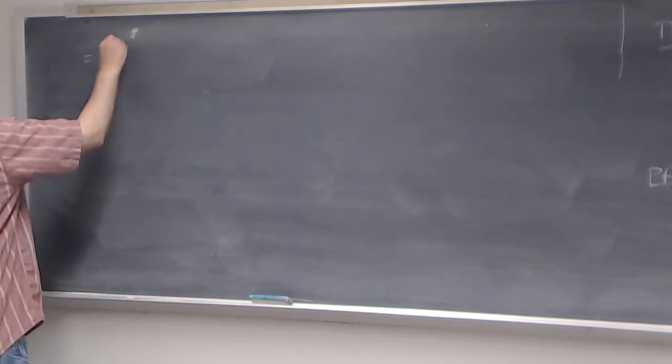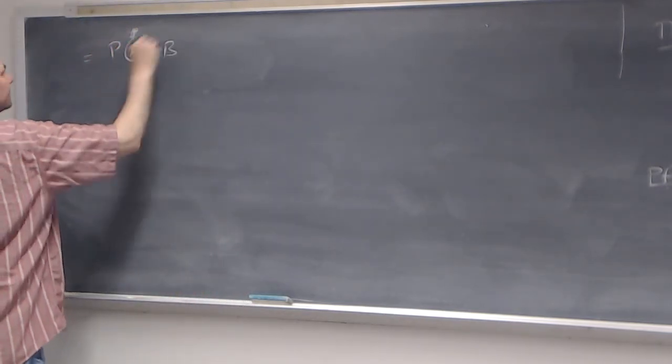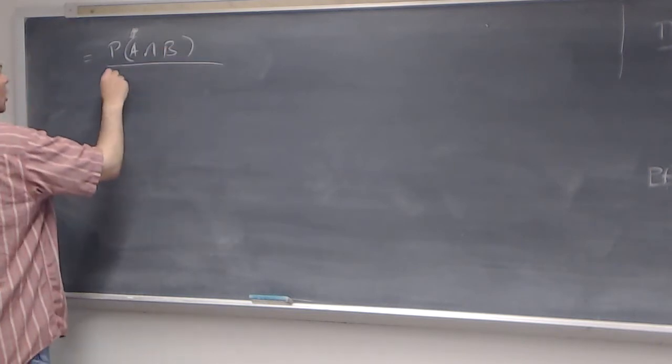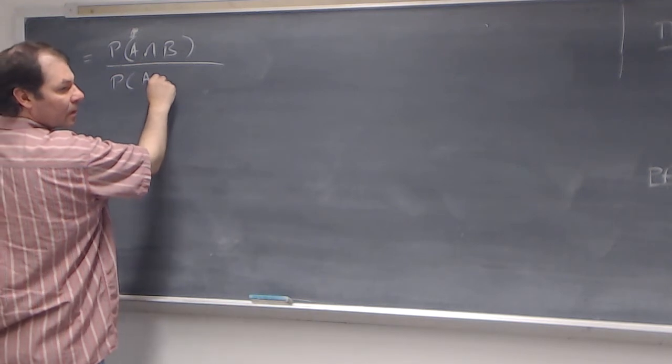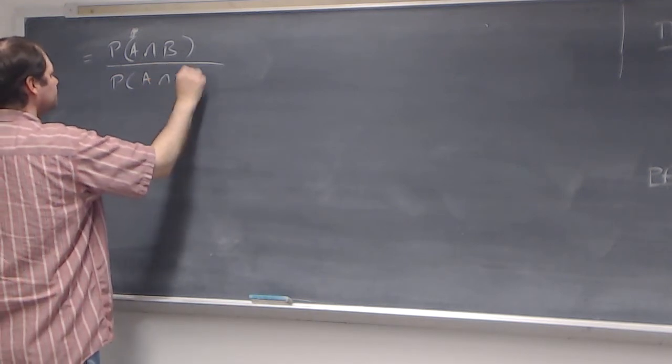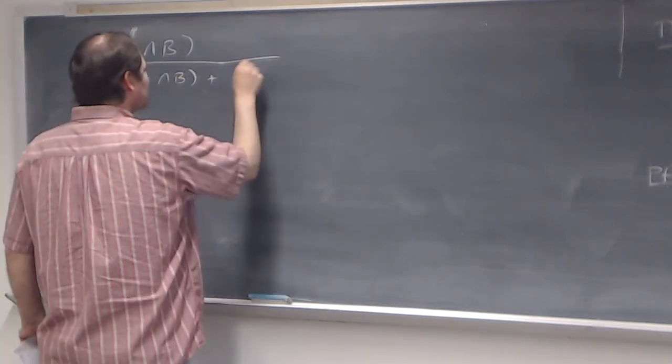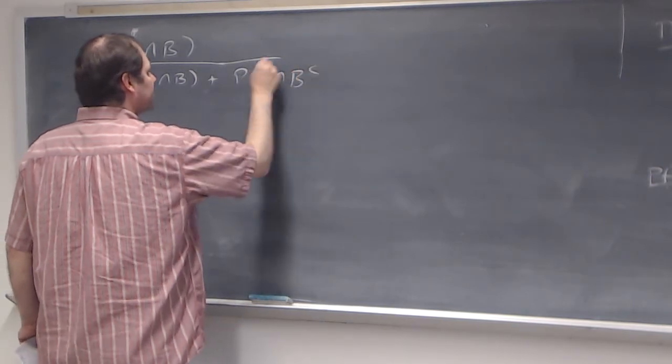So we have the probability of A intersect B over the probability of A intersect B plus the probability of A intersect B complement.